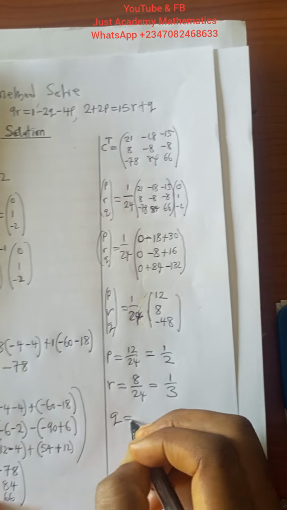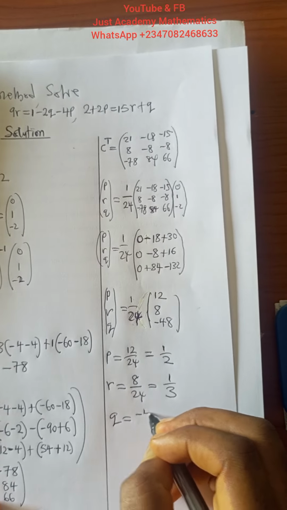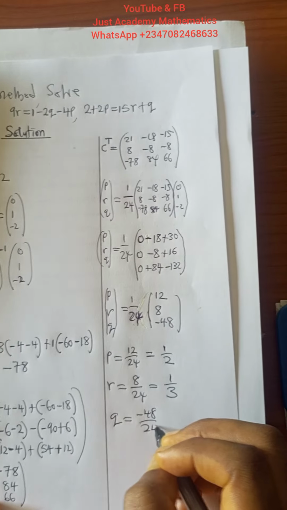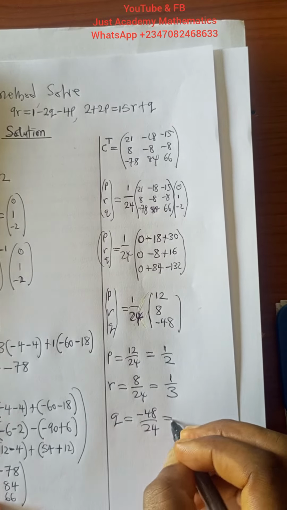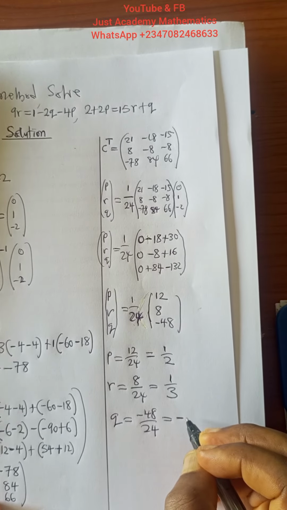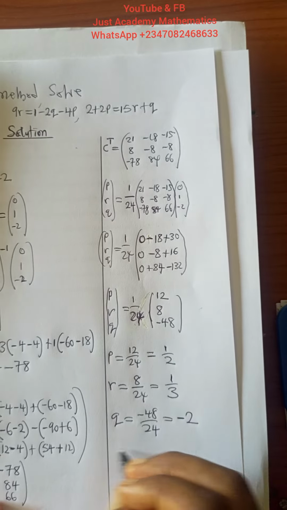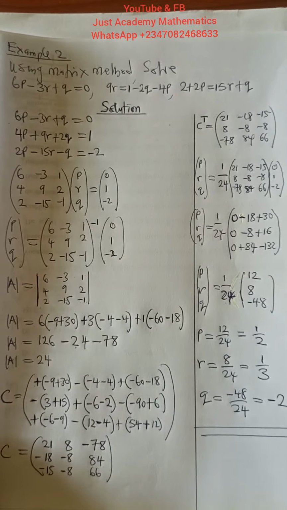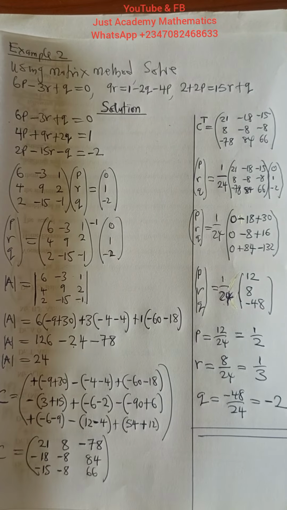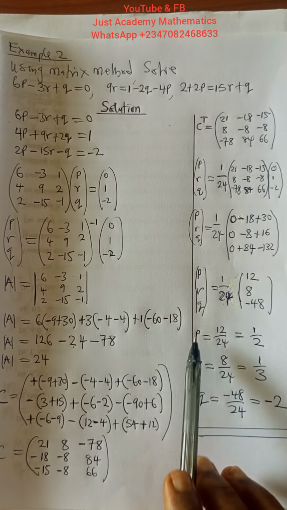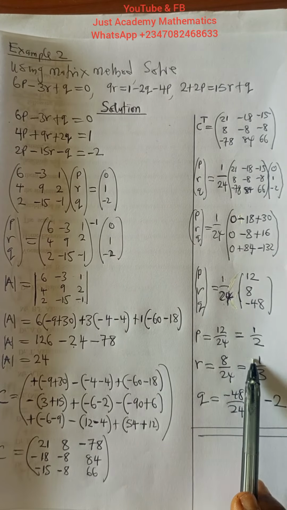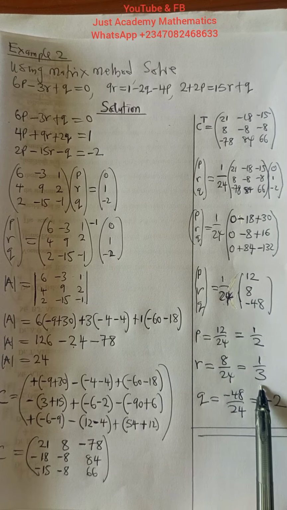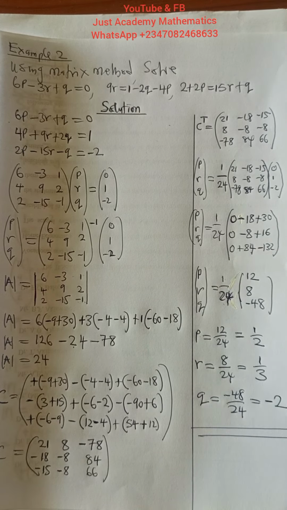And Q is equal to minus 48 over 24, which is negative 2. So these are the values we are looking for. P is 1/2, R is 1/3, and Q is minus 2.